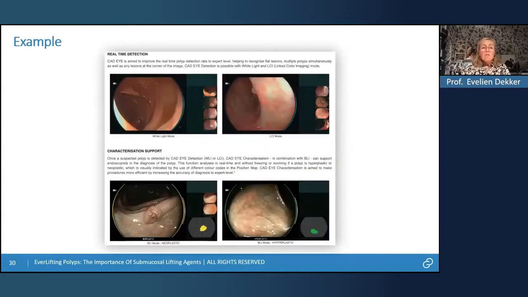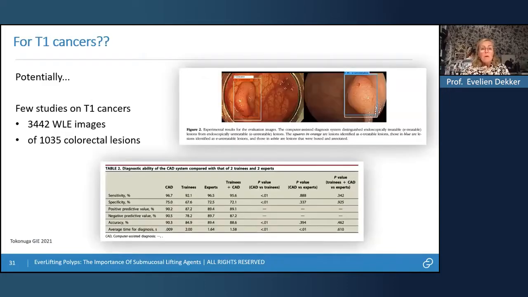And this is just one example of a system that helps you both in detecting as well as in differentiation of the lesions between just NICE 1 and 2, so NICE hyperplastic or adenoma. So how about the early cancers? Well, maybe we can be helped by computers there as well, but probably this is also going to be more difficult.